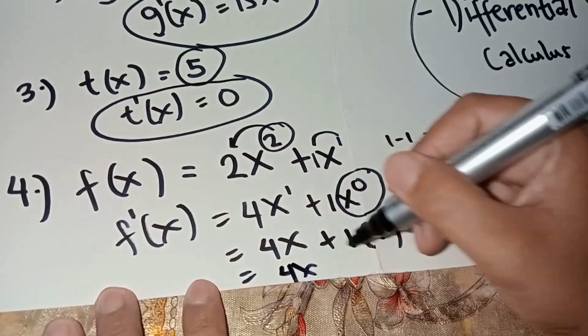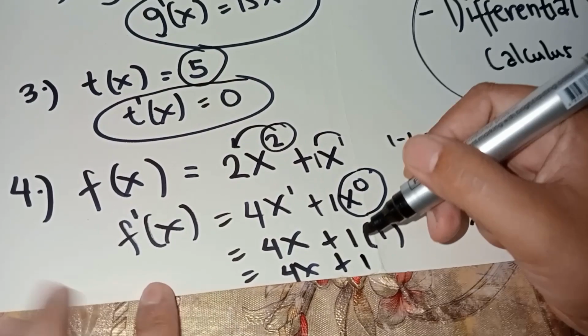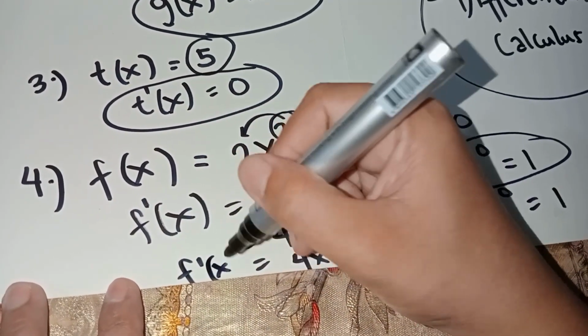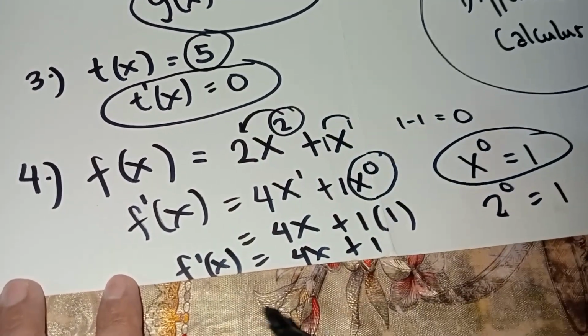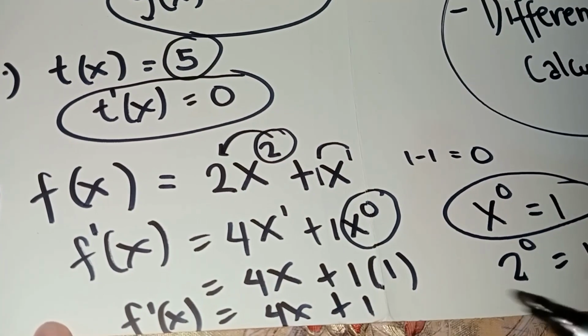We have 4x plus 1 times 1, which is 1. And this is now our final answer. The derivative of f of x equals 4x plus 1.